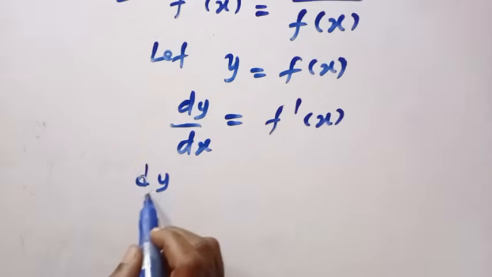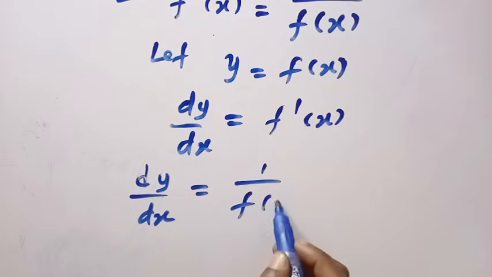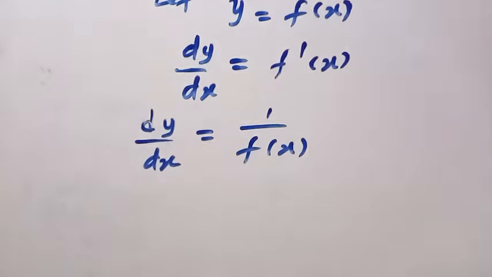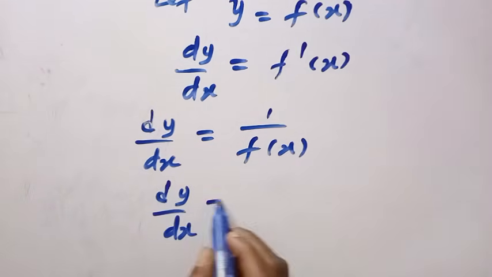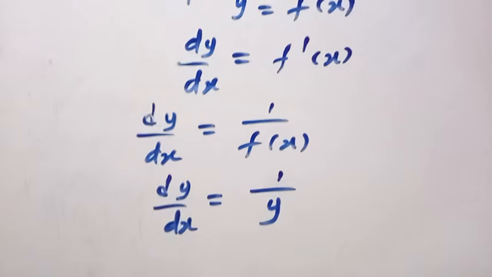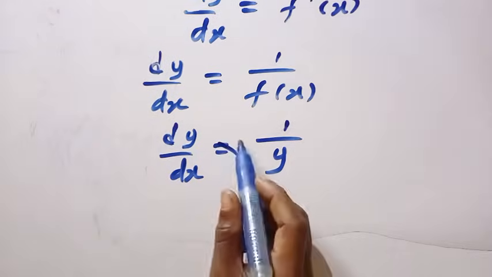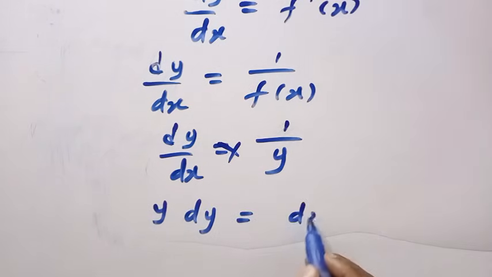So replacing it, we have dy divided by dx equals 1 divided by f of x. But note that f of x itself is y, so therefore we have dy divided by dx equals 1 divided by y. If I cross multiply, we have y multiplied by dy equals dx.